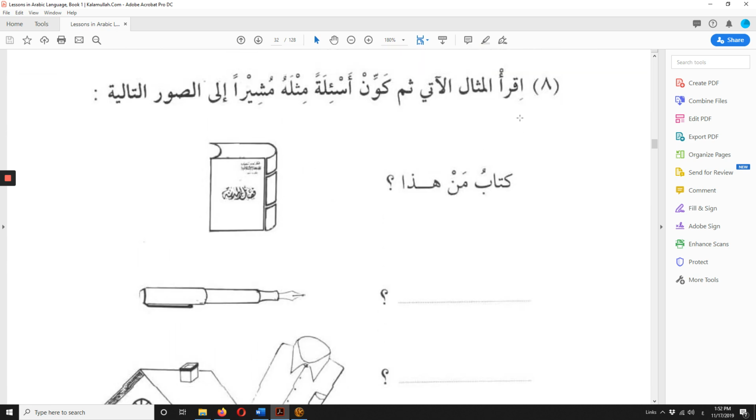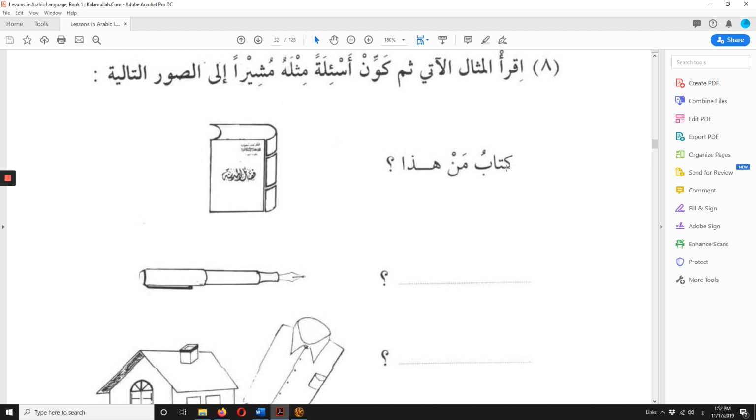Here it's saying, read the following example, then formulate a question like it, that points to, or that indicates, that alludes to the following pictures.